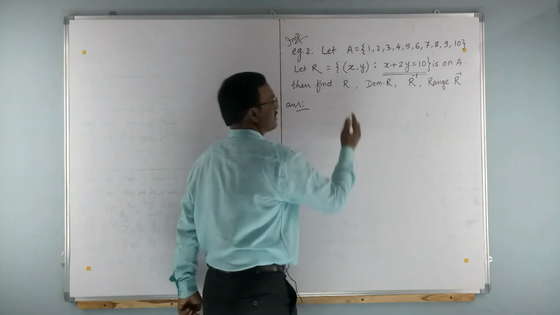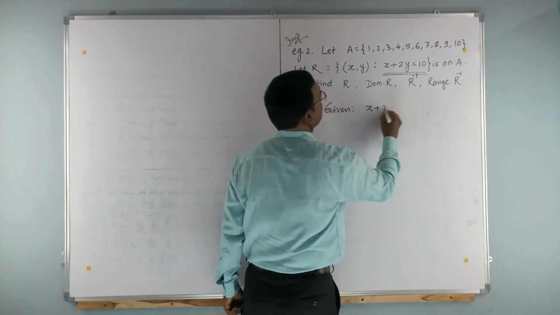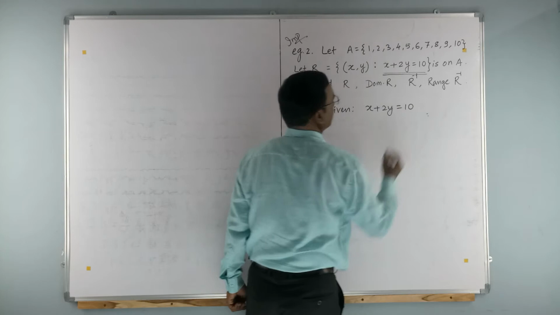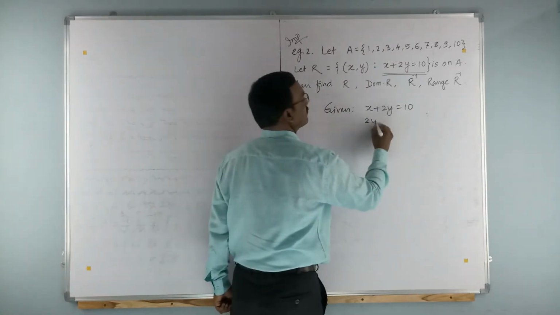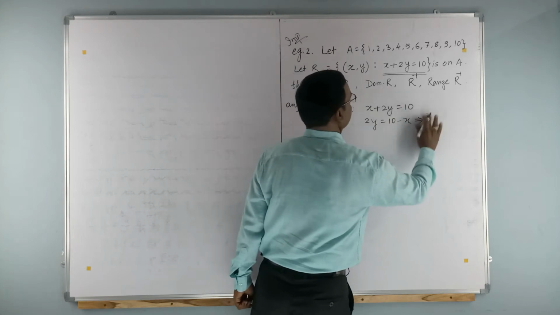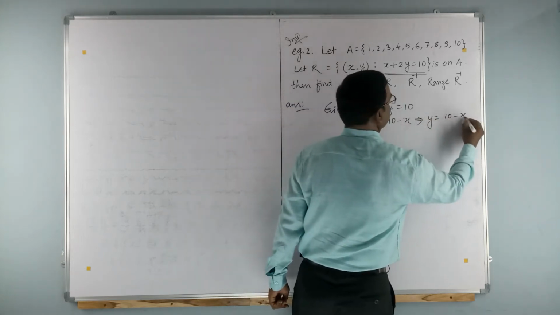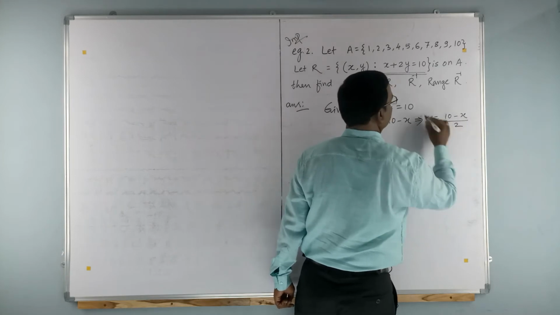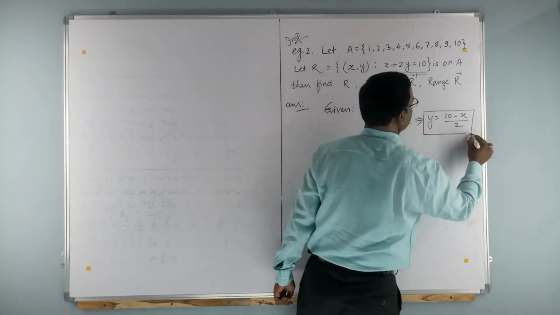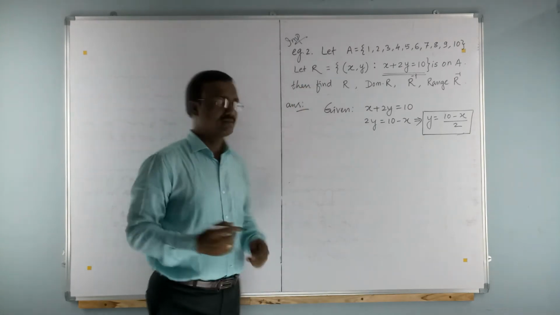The condition for the relation is x plus 2y is equal to 10. This means 2y is equal to 10 minus x, and this means y is equal to (10 minus x) by 2. So referring to this, we are going to find the pairs of elements for the relation.